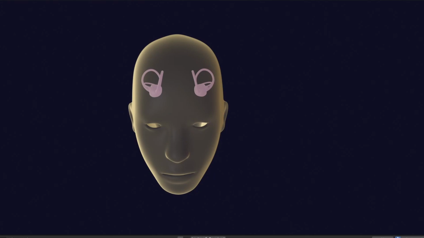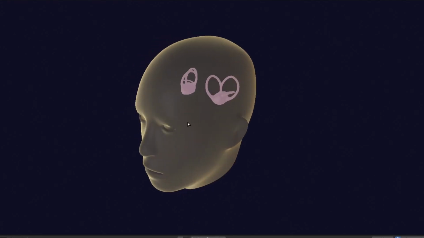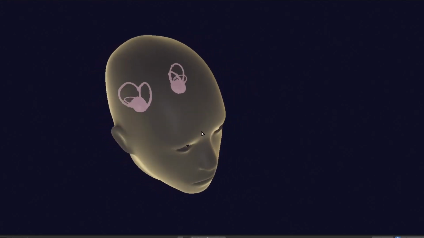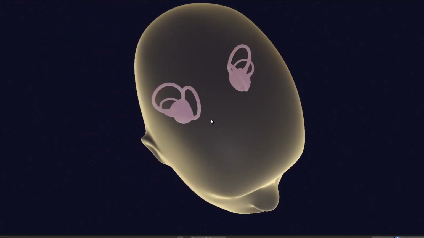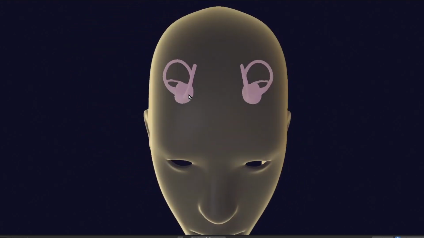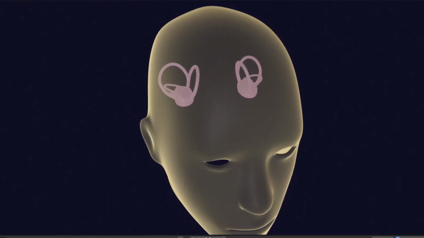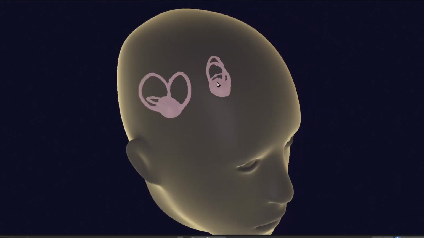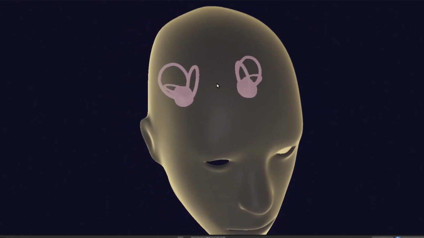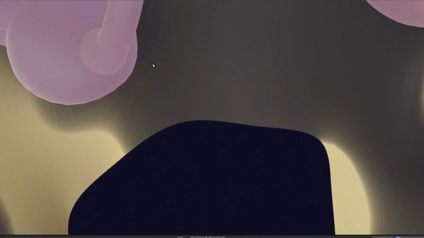Let's watch the animation again, and I hope you can tell me which semicircular canal would be involved in sensing this type of rotation. I hope you will say it is the transverse or horizontal semicircular canal.